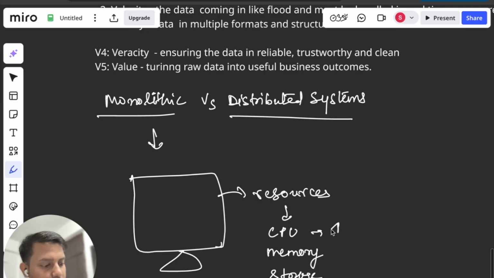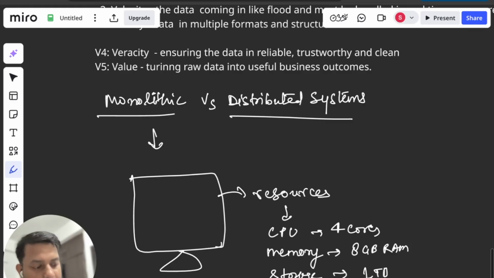Let's say the CPU has four cores, the memory has 8 GB RAM, and the storage is 1 TB of hard disk drive, SSD.